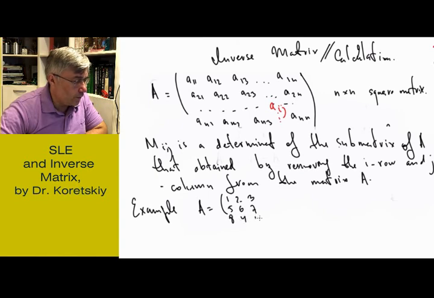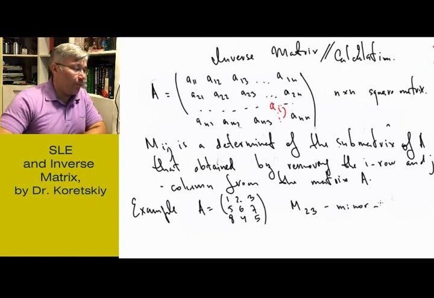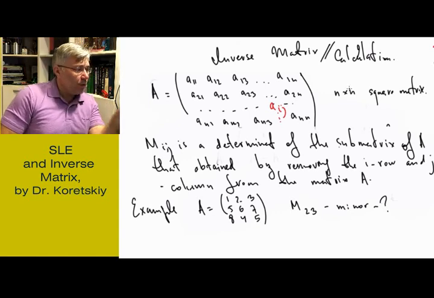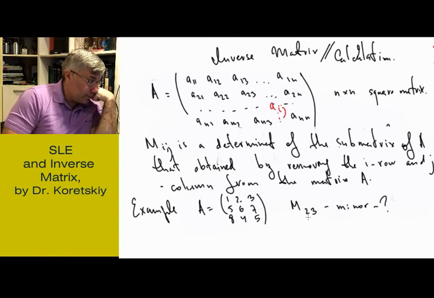And I want to calculate the 2, 3 minor. The minor is unknown here. How can I calculate it? According to this definition, I have to pick out the element 2, 3.